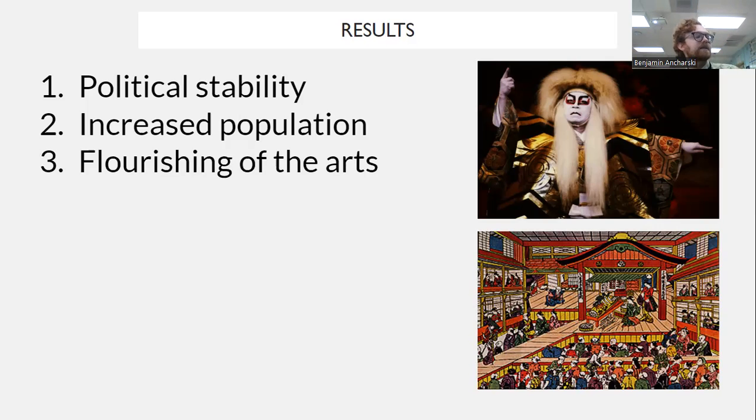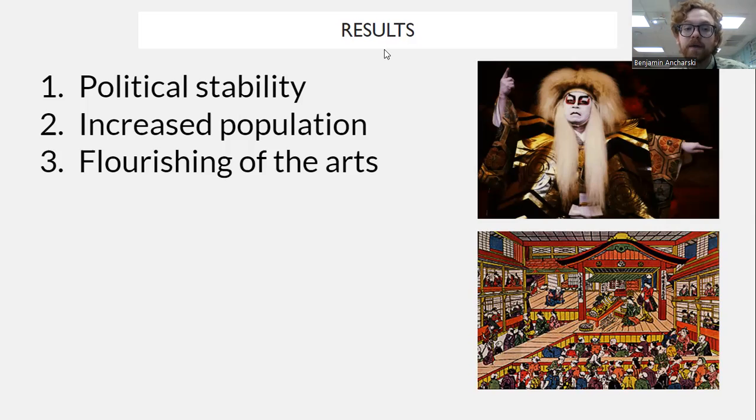But we also see this idea that peace will bring artistic development as well. We see a flourishing of arts under the Tokugawa Shogunate. We also see that the Tokugawa Shogunate will sponsor different cultural and artistic movements. Not only does the shogunate do this, but also, of course, the emperor as well.